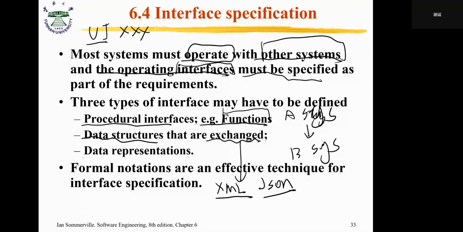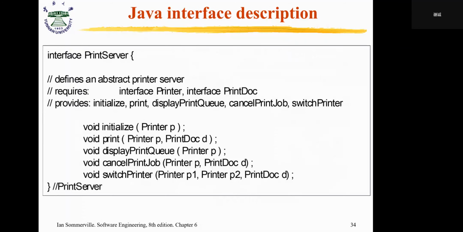And the last one is the data representation, like how to represent an image, how to represent a video, different kinds of data representation. And the formal notations are an effective technique for interface specification.